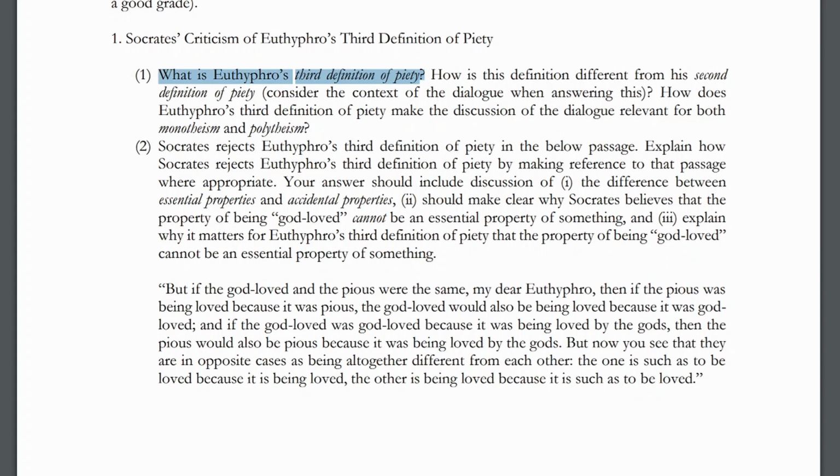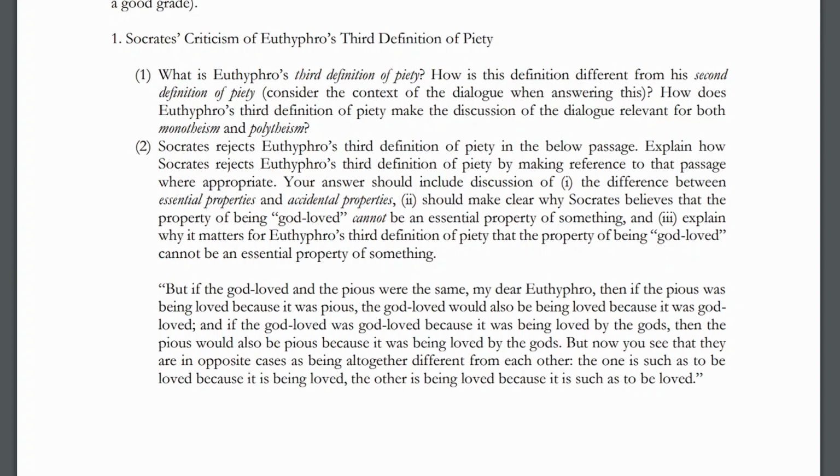The same with the second question. How is this definition different from his second definition? A certain number of points for that. How does Euthyphro's third definition of piety make the discussion of the dialogue relevant for both monotheism and polytheism? A certain number of points for that, right? So I'll be looking to see that you answer explicitly and separately each of these 3 questions in part 1. Then also notice another thing you'll commonly see in the prompts, which you can find in part 2 of the question.